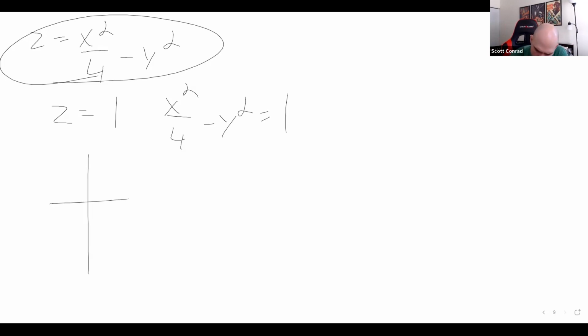It's going to be in the xy plane because it involves x and y. And so we draw the asymptotes. I don't care about the slope. Technically, it's going to be y equals 1/2 x, y equals negative 1/2 x. Not important.